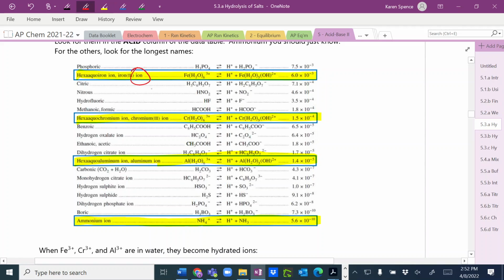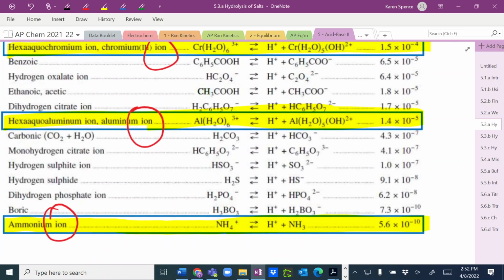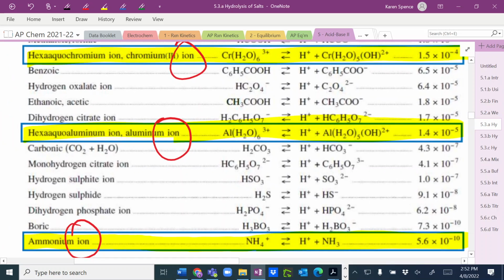Notice it says ion, ion, ion, ion. And you might say, oh, but hey, there's some other ions. But all those other ions are not cations, they are anions. So those are the only 4 there that are cations, okay?